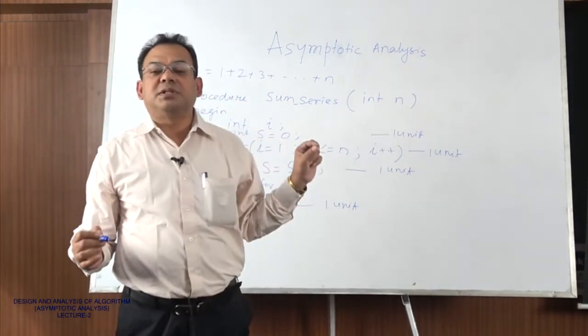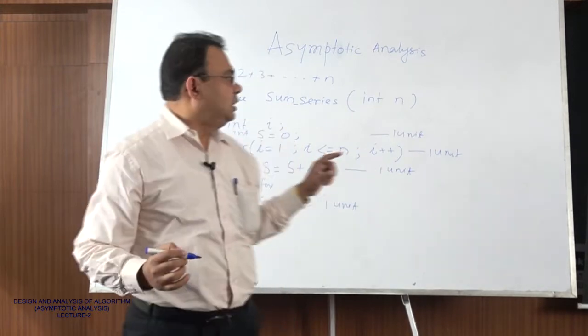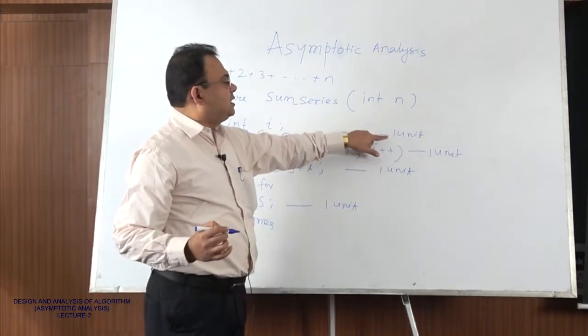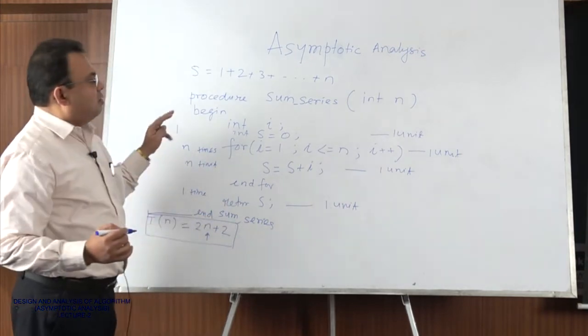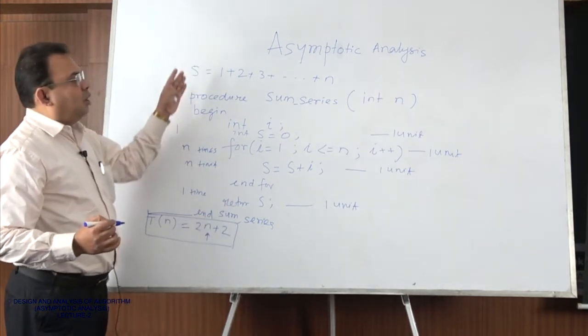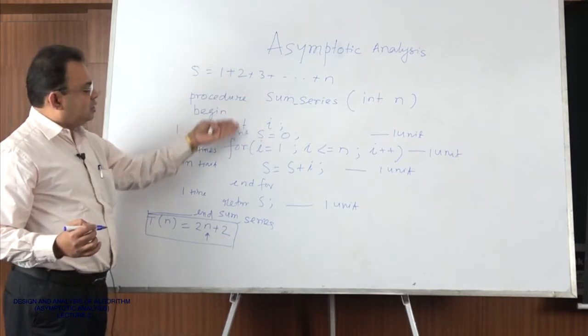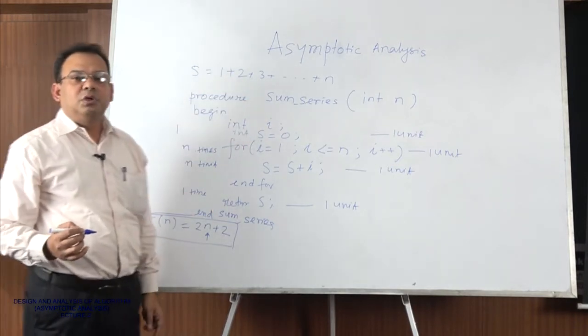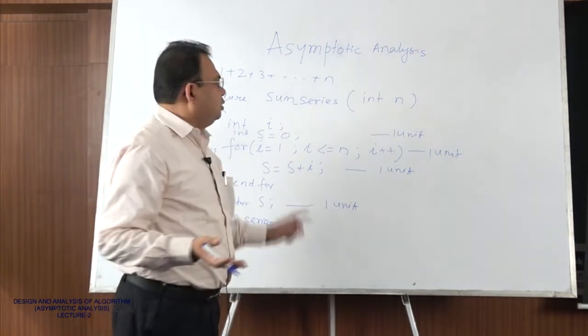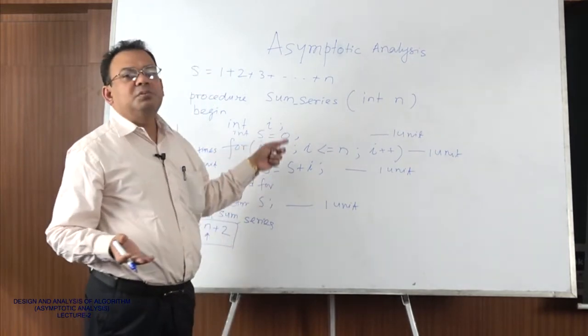We are interested in the count, the number of basic steps, because our assumption is that all the computers and platforms on which the algorithm will run are uniform. We do not know in advance on which computer the algorithm will run.